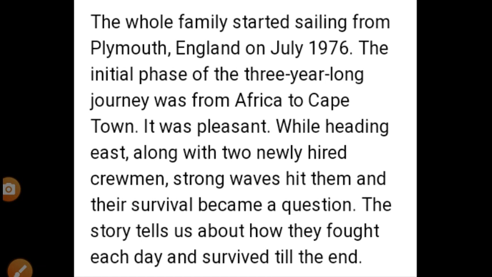The initial phase of the 3-year-long journey was from Africa to Cape Town. It was pleasant. While heading east, along with the 2 newly hired crewmen, strong waves hit them and their survival became a question. The story tells us about how they fought each day and survived till the end.